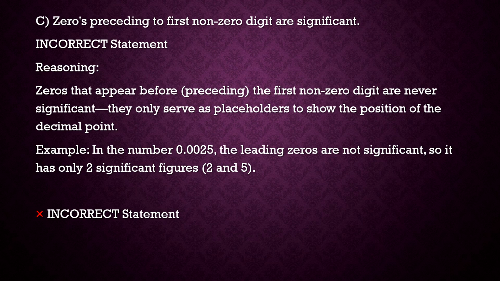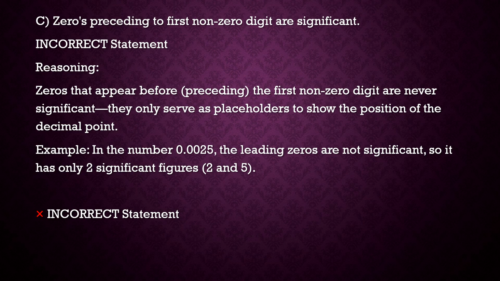But before we saw that 25.000 has significant figures, because the rule says that when zeros come on the right side of the decimal, then we can consider them. But when a zero comes on the left side, we cannot consider it as a significant figure.